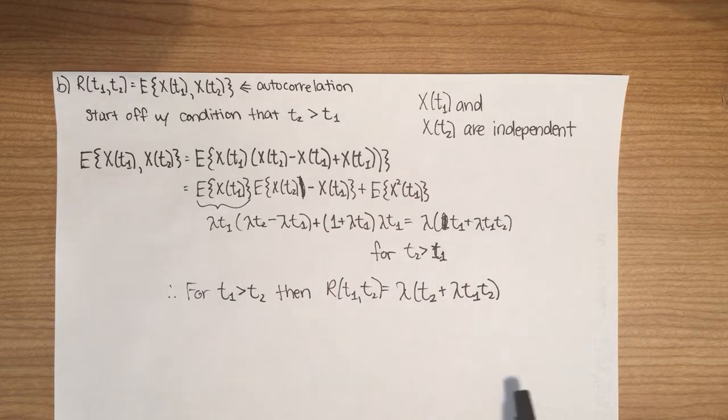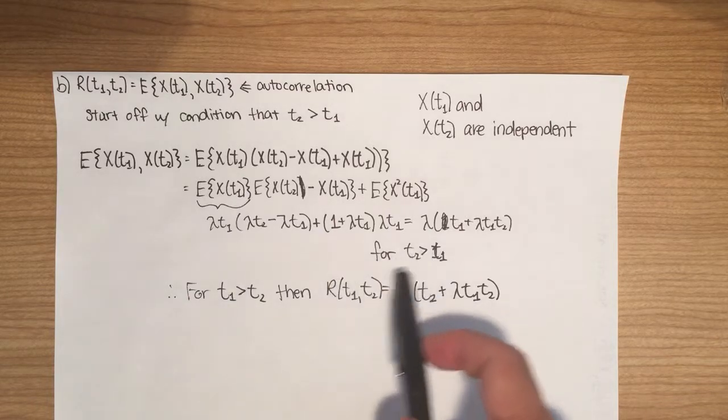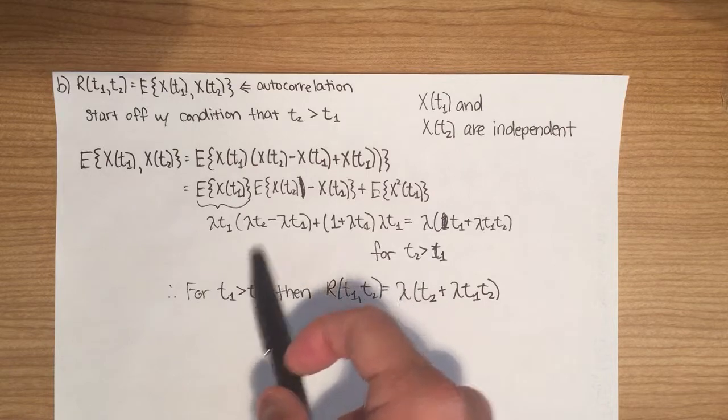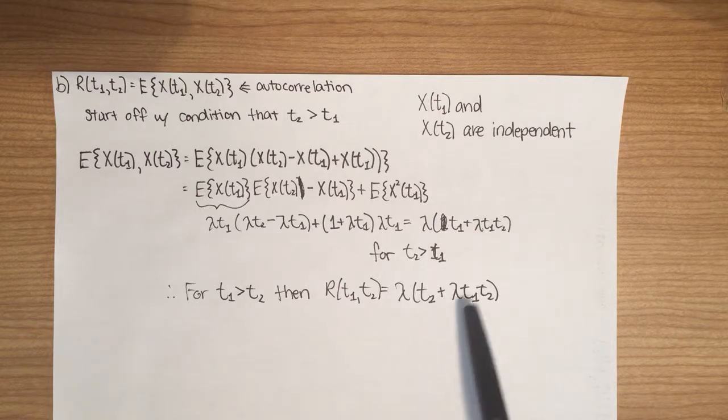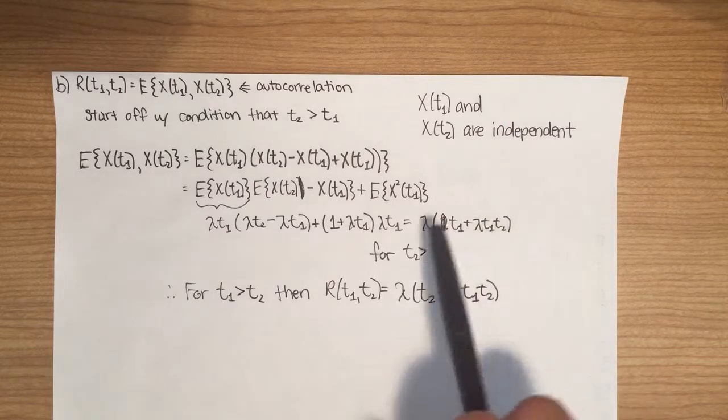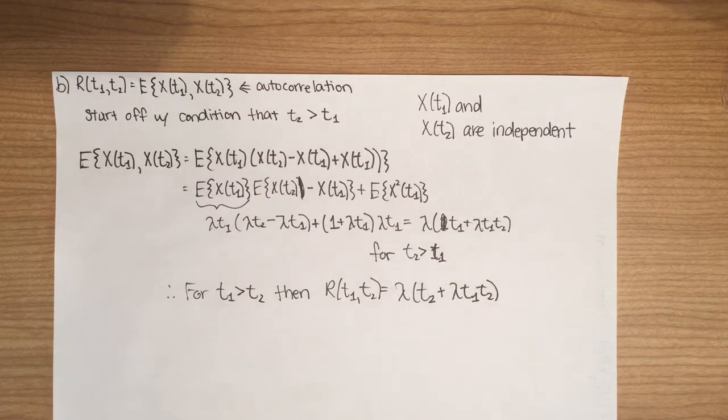And then for t1 greater than t2, this is for R(t2, t1). What we're looking for is R(t1, t2), which equals lambda t2 plus lambda squared t1 t2, and you'll see the contrast between both. And that is homework number 10, problem number 1.